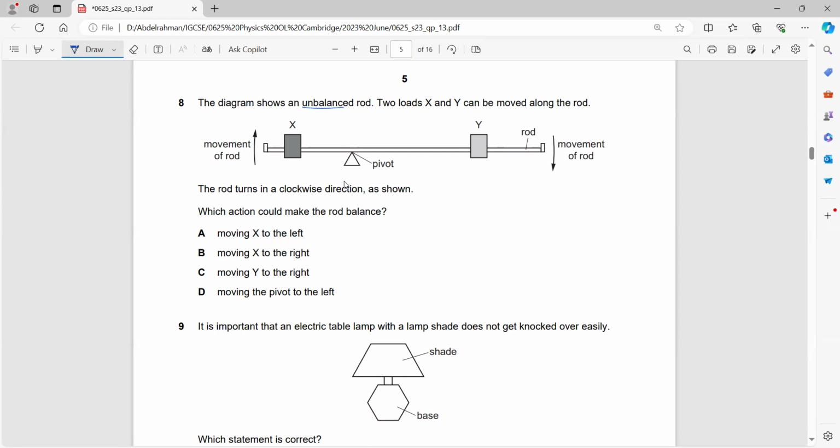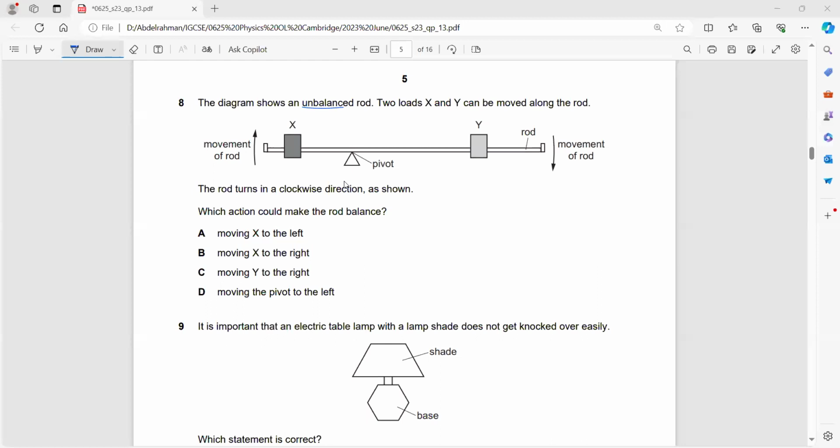You need to decrease the clockwise moment, or you need to increase the anti-clockwise moment. It's either or.